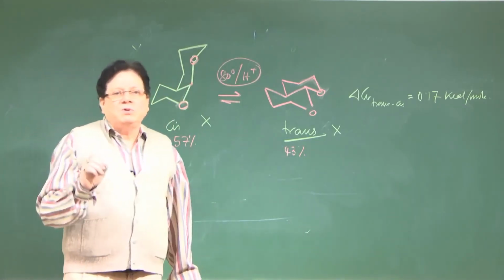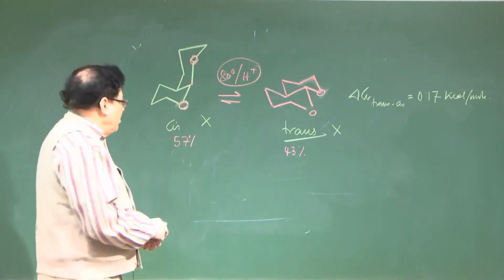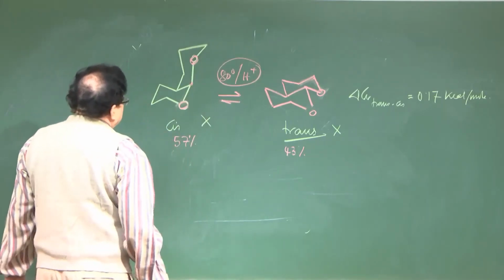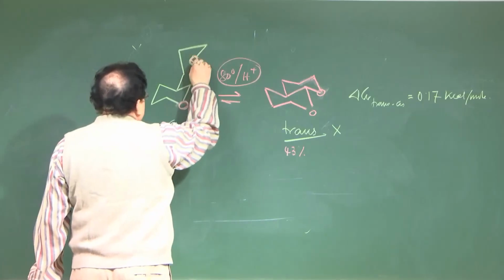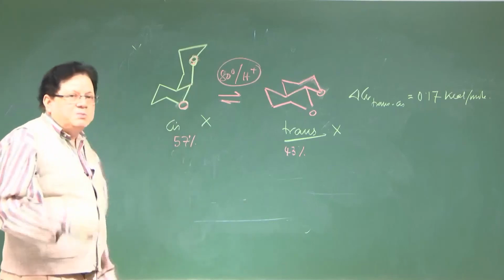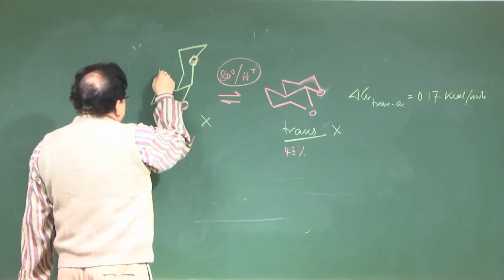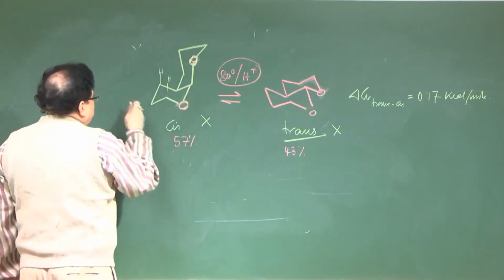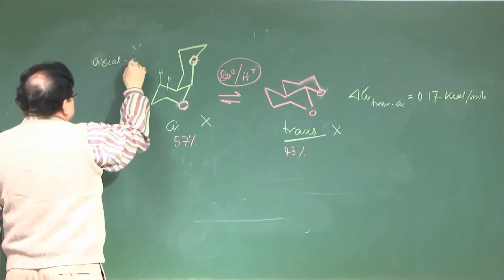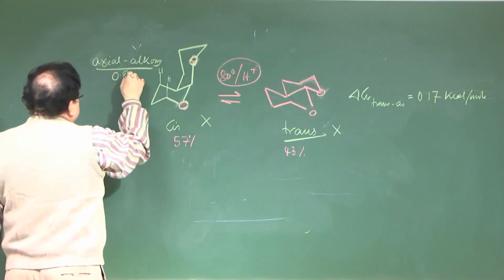Now, you have to add or subtract some of the stabilizing or destabilizing energy in the molecules. Let us see what the destabilizing forces are. One is this alkoxy oxygen, which is axial to a cyclohexane. That gives a 1,3-diaxial interaction with the hydrogens at these positions. Basically, an axial alkoxy is present, and that gives 0.8 kilocalorie per mole.